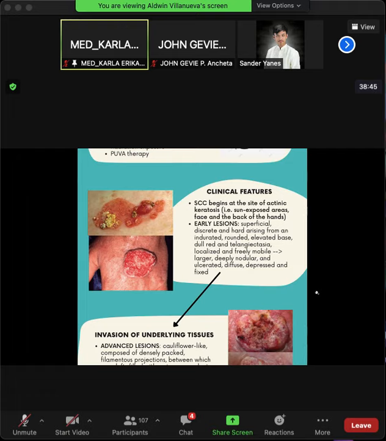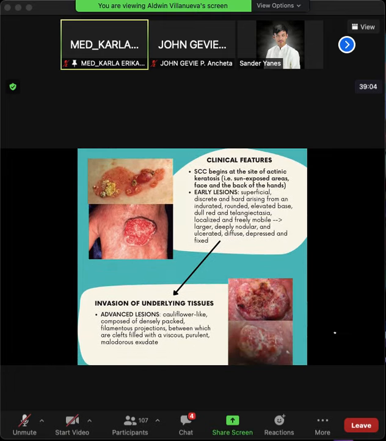It is localized and freely mobile. After some time, it will grow larger, deeply nodular and ulcerated, diffuse, depressed, and fixed, as shown in the pictures on the left.